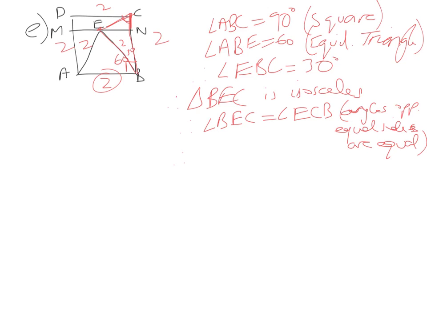So therefore, BEC plus ECB plus 30 must equal 180, because we've got an angle sum of triangle.